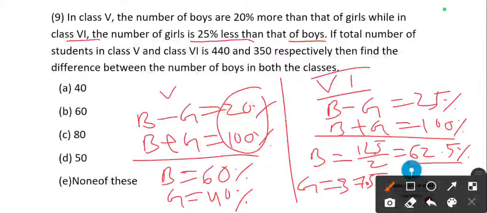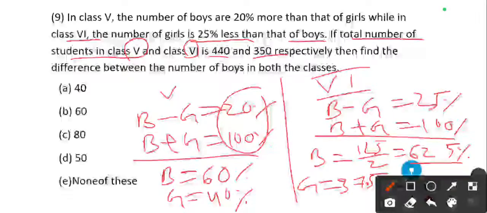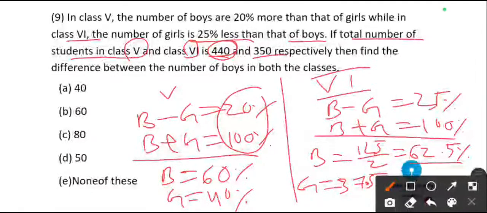In the question it says that the total number of students in class 5 and class 6 is 440 and 350 respectively. So boys and girls total value is 440 in class 5 and 350 in class 6.